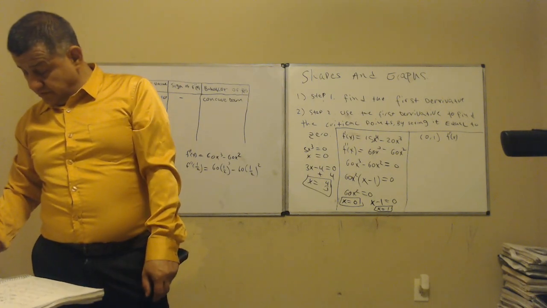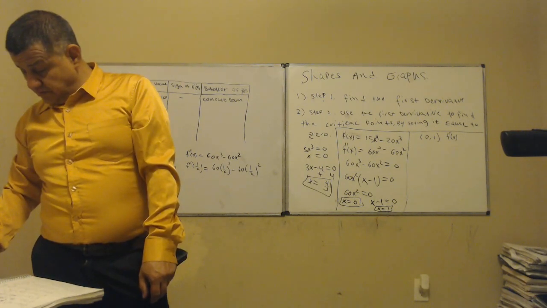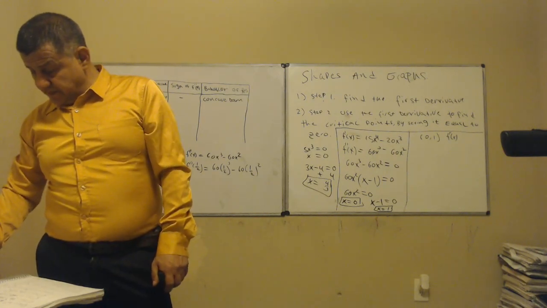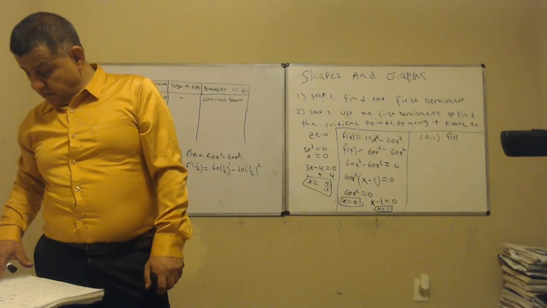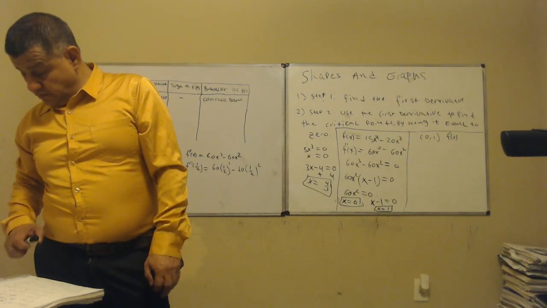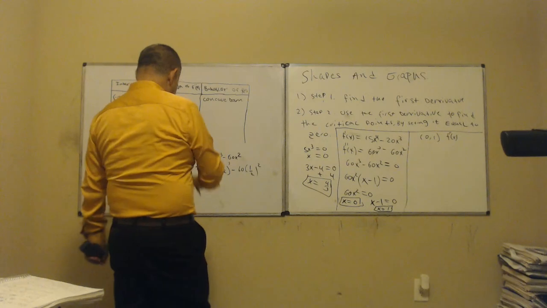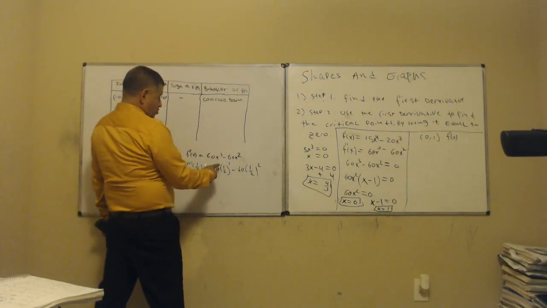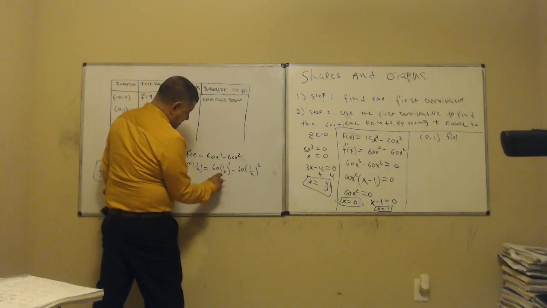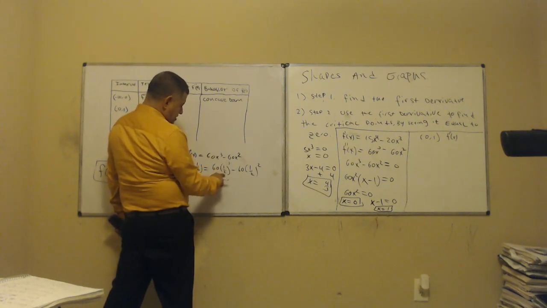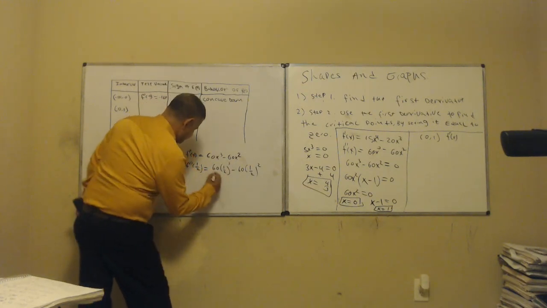So when I cube that, when I cube this guy, this becomes 60, right? But this becomes what? This becomes, when I cube this guy.